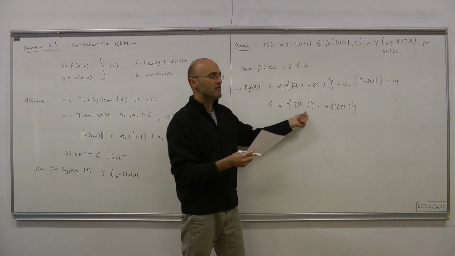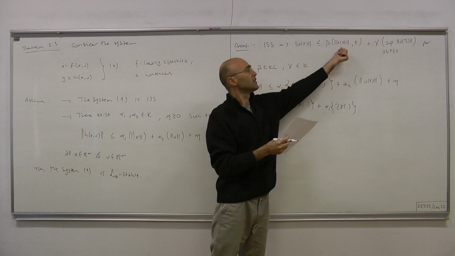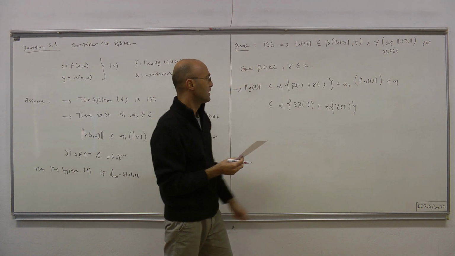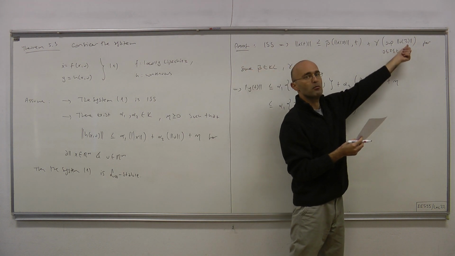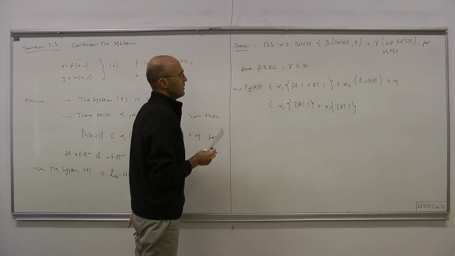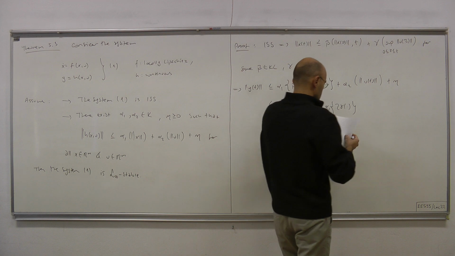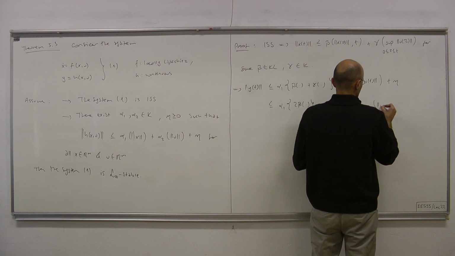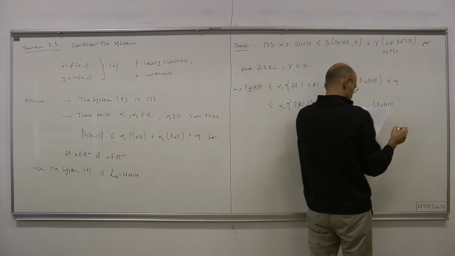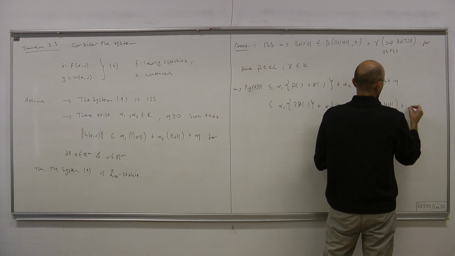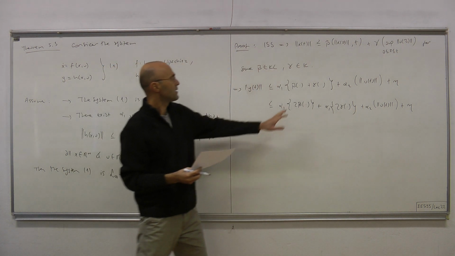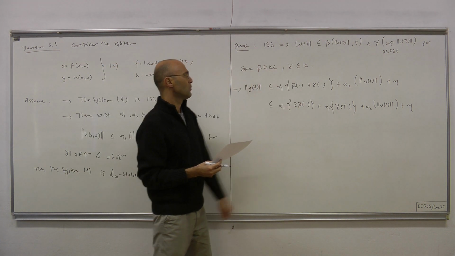By 2 beta we mean this term here, beta is a function of the norm of the initial condition and t. And here gamma is a function of the supremum of the input norm, plus alpha 2 of u of t, plus eta. Now the question is how we move from this line to that line.